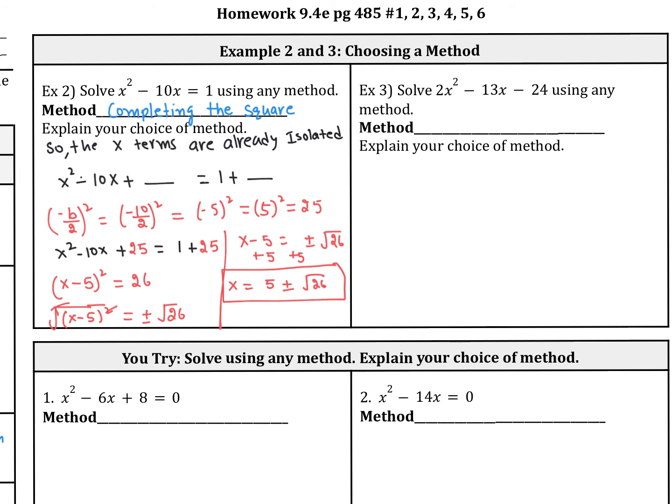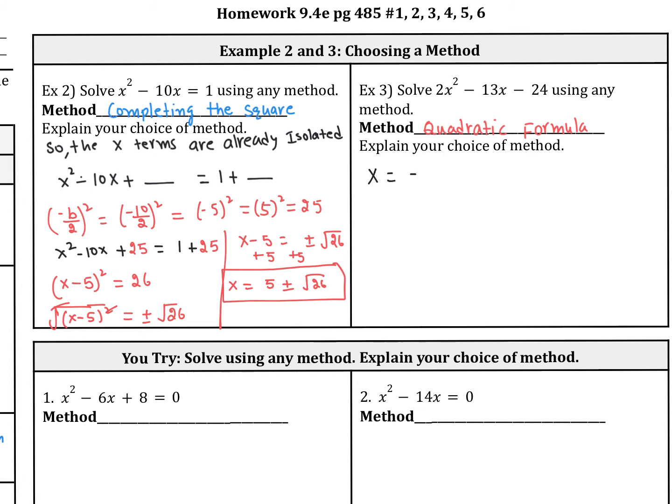For example 3, you're going to use a quadratic formula because it's going to have a number in the front, which is 2, and it has big numbers, so it is easier to solve with the quadratic formula.